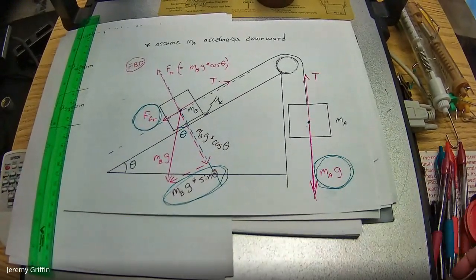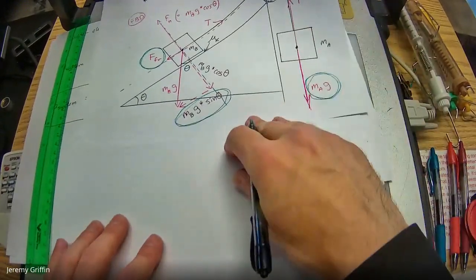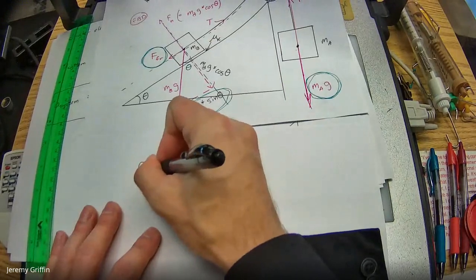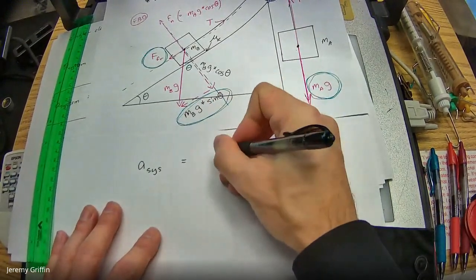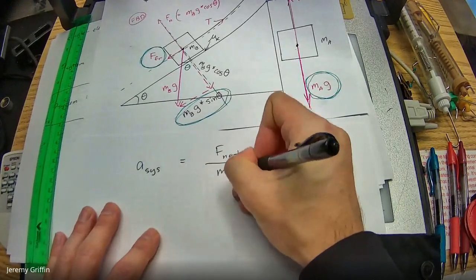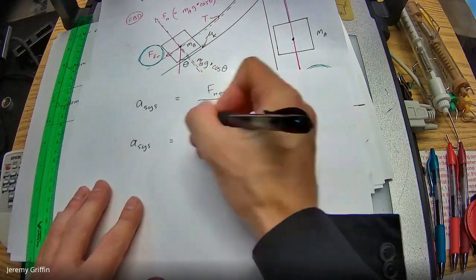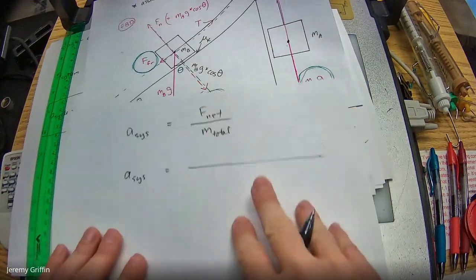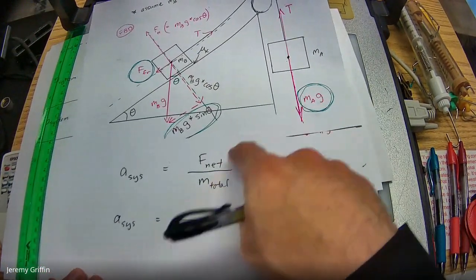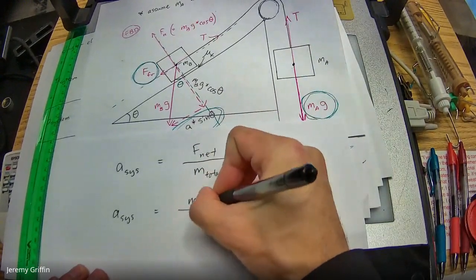Break out some paper and finish the second law of motion. Determine the acceleration of the system. So acceleration of that system is going to be net force on total mass. Here's Newton's second law of motion. Now I'm juggling three driving forces that matter. So the weight of block A, MAG, saying let's go clockwise.